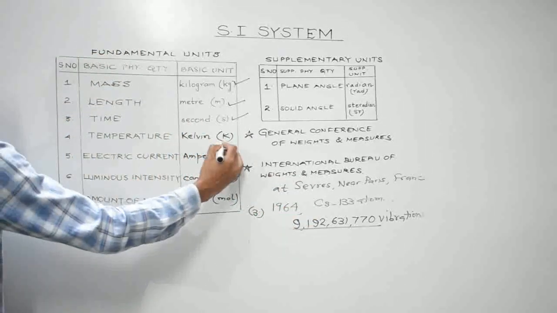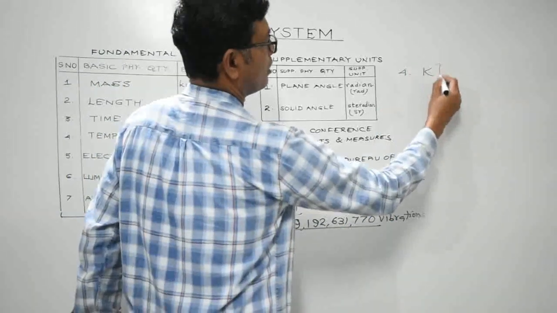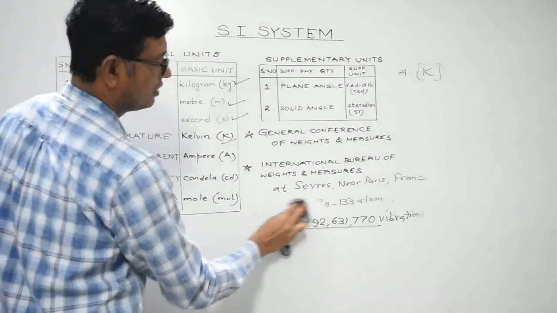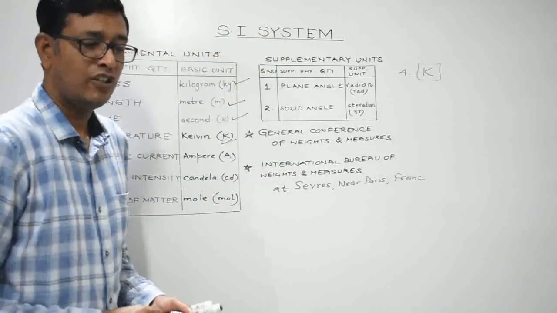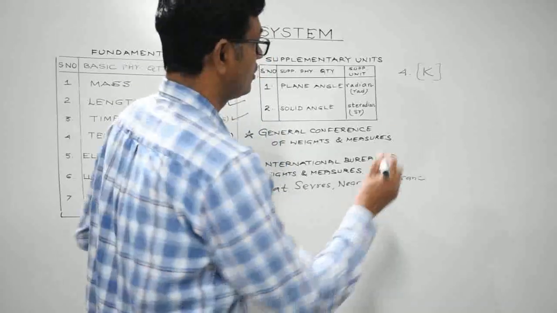Now coming to Kelvin, the fourth one. In order to discuss the SI unit of Kelvin, a basic understanding of the triple point of water is required. Now, triple point.